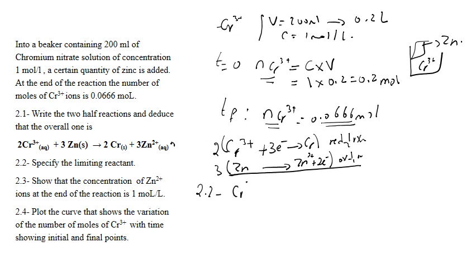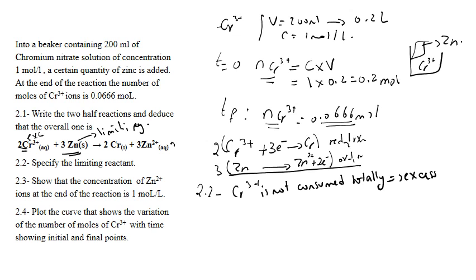So Cr3+ is not consumed totally. Since it is not consumed totally, this means that it is in excess. Cr3+ is the excess reactant, so zinc is the limiting one. So in this way we can determine the limiting reactant.